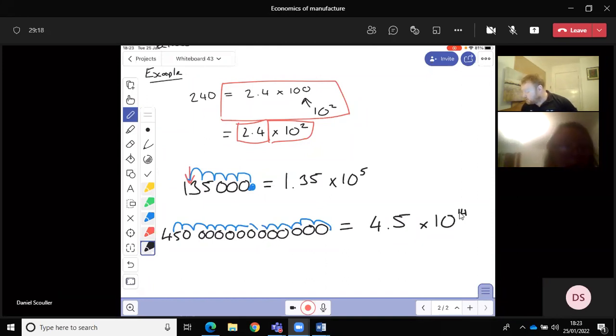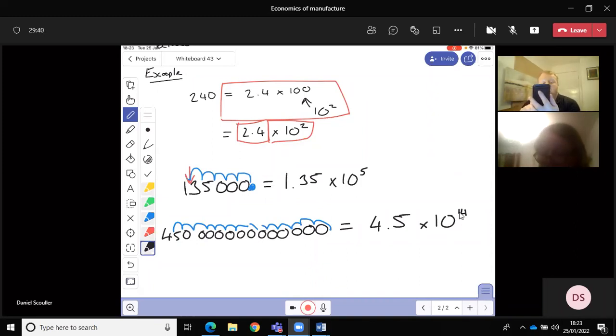EXP. So if you've got times 10 to the power of x down the bottom, or if you've got a button that says EXP, let me just check that. Okay, let's try those numbers that we've just done.